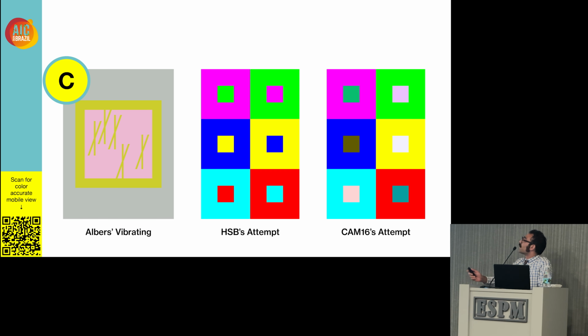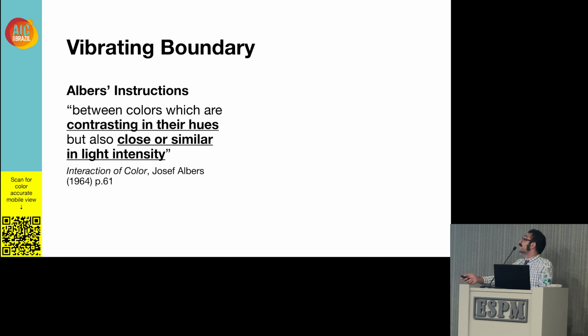And so, in the middle, you can see HSB trying to perform Albers' instructions on a vibrating boundary and not vibrating. You'll see this better on your phone, and on the right, you would on your phone see CAM16 actually get the job done. So a little bit about Albers' instructions of what a vibrating boundary actually is.